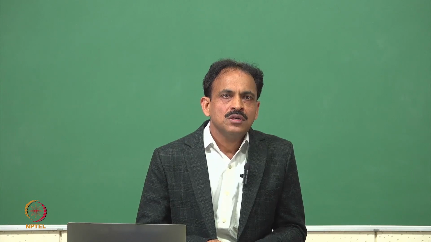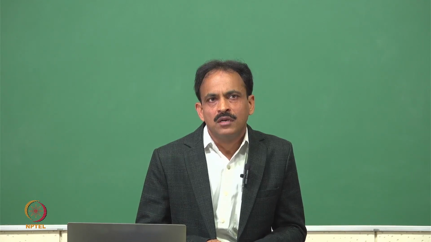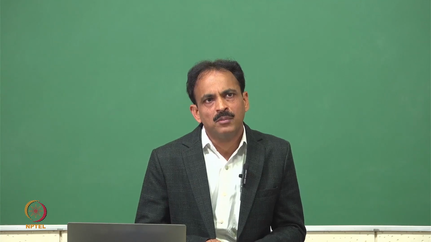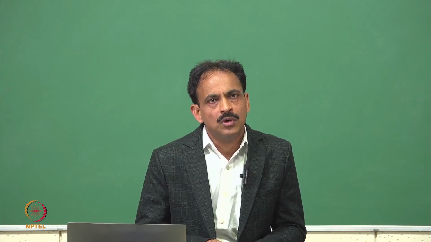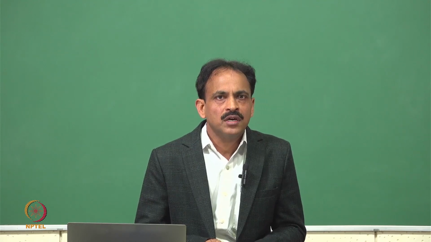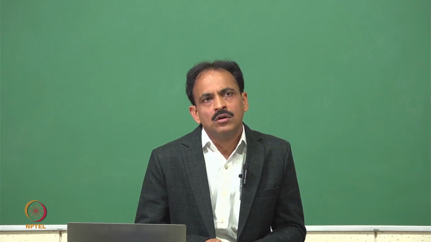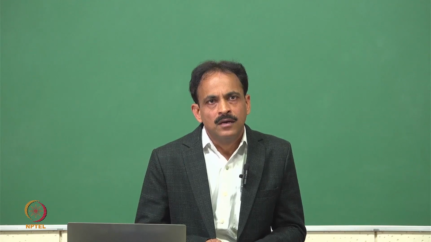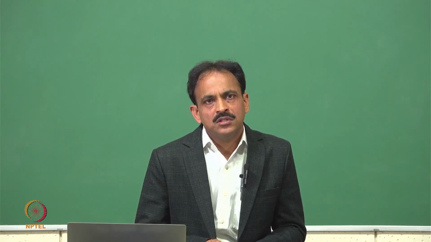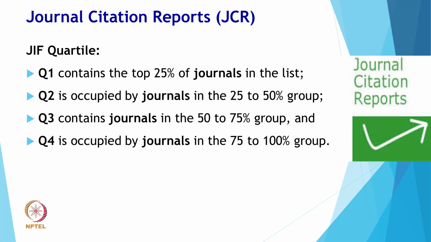Let's talk about JIF quartile. Journal's quartile ranking: a journal's quartile ranking is determined by comparing a journal to others in its JCR category based on the impact factor score. So basically the quartiles are differentiated based on the impact factor of different journals. Each subject category of journals is divided into 4 quartiles, those are Q1, Q2, Q3 and Q4.